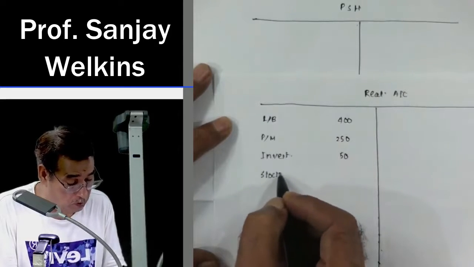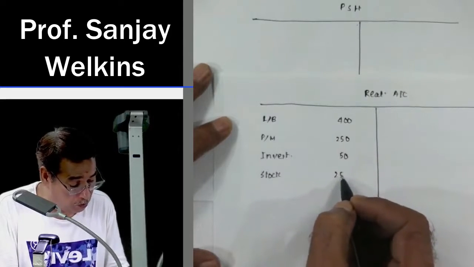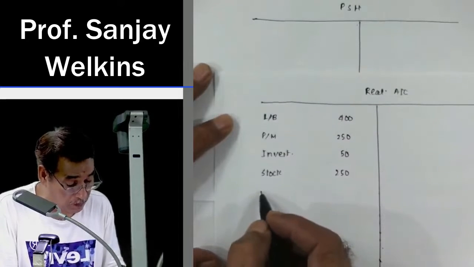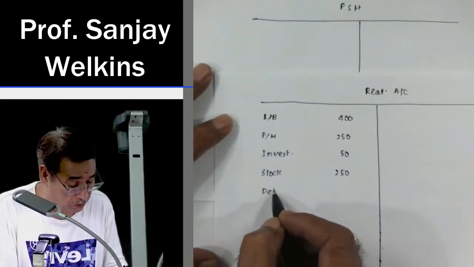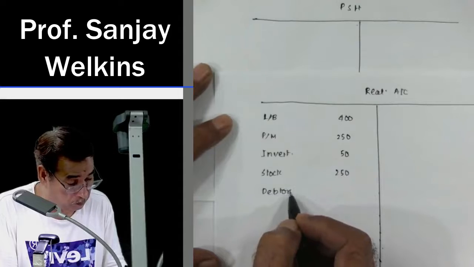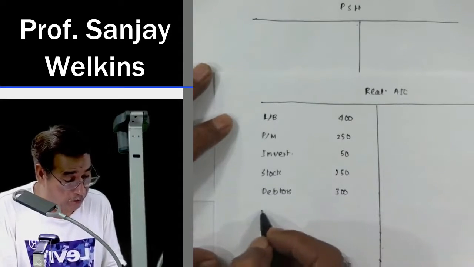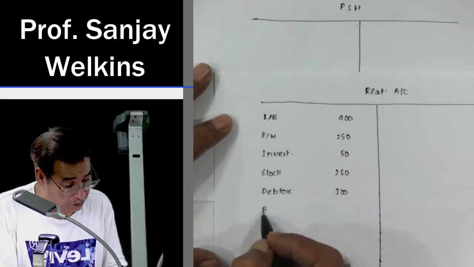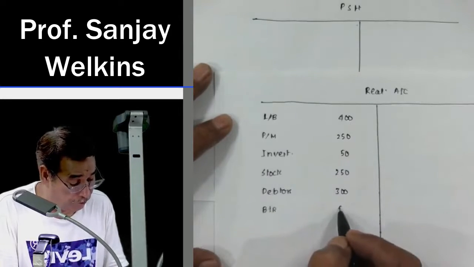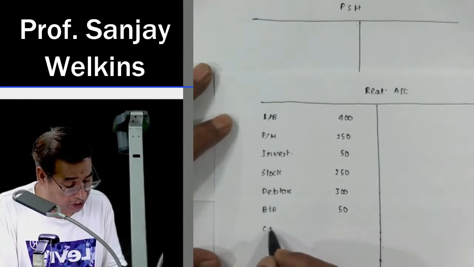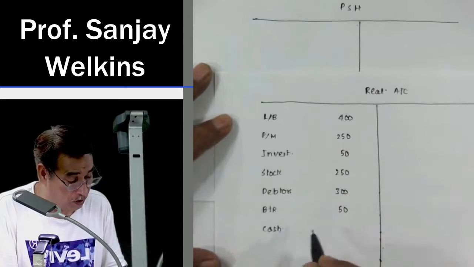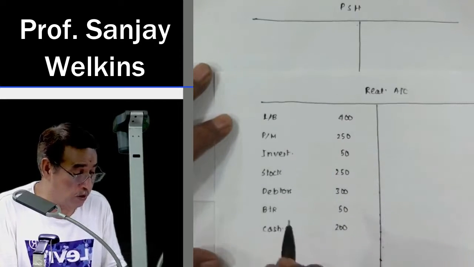Stock is equal to 250 lakhs. Debtors of Y Limited 300 lakhs. Bills receivable 50 lakhs. Cash at bank 200 lakhs.